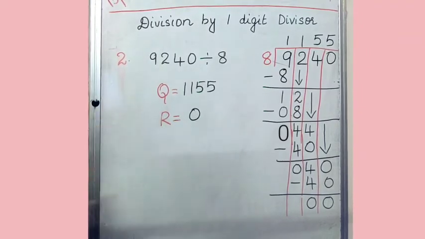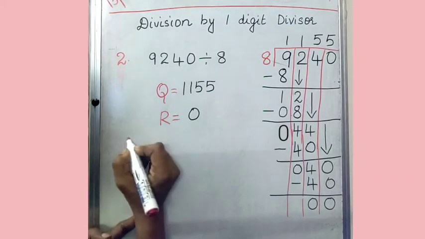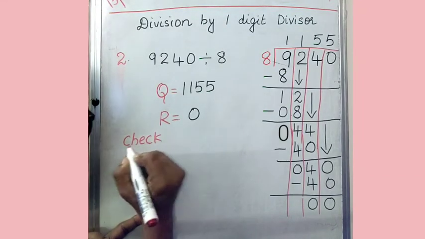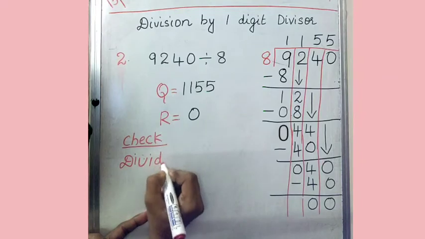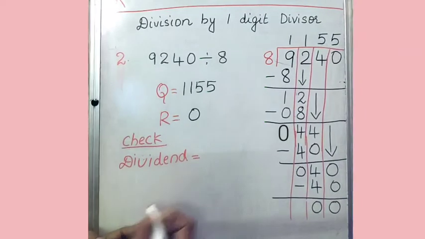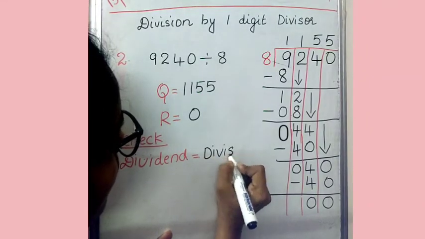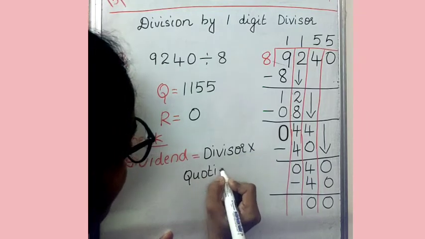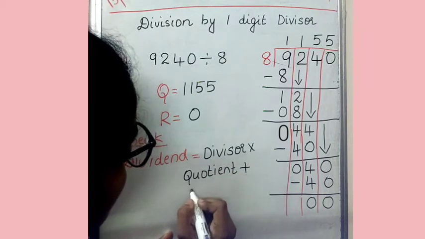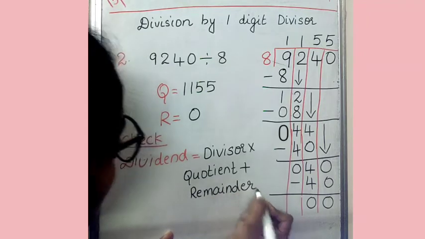Now we can check the division by using the equation: dividend equal to divisor into quotient plus remainder.